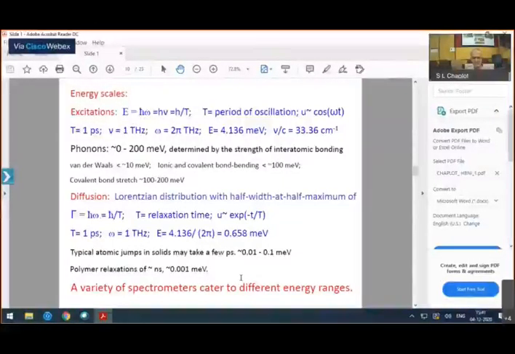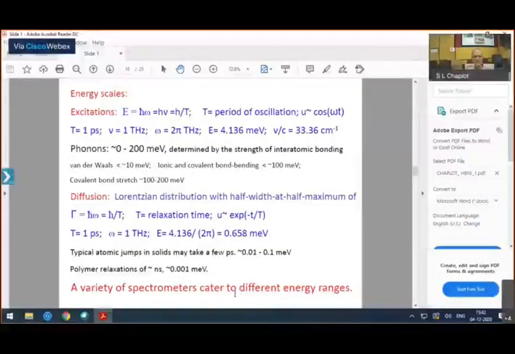It's very important that when you have an experiment, you have an idea of what kind of energy changes and wave vector transfer your physical process involves, what you wish to probe. And depending on that, you need to select a suitable neutron spectrometer which will cater to those values of the energy changes or wave vector transfer changes.